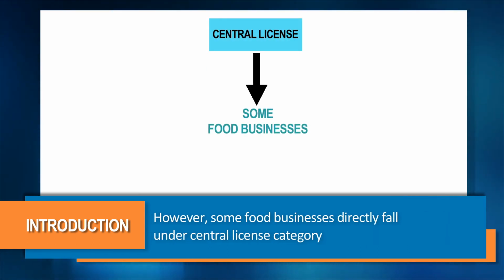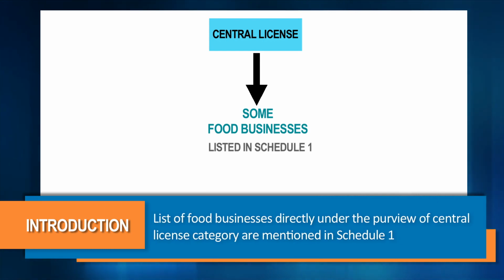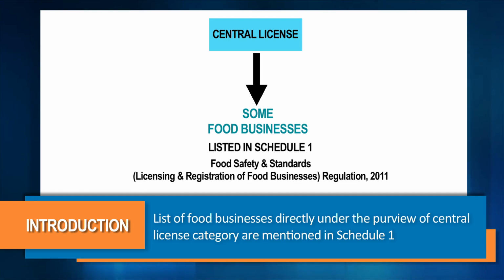However, some of the food businesses directly fall under the central license category. The list of food businesses which fall directly under the purview of the central license category are mentioned in Schedule 1 of the Food Safety and Standards, Licensing and Registration of Food Businesses, Regulation 2011.